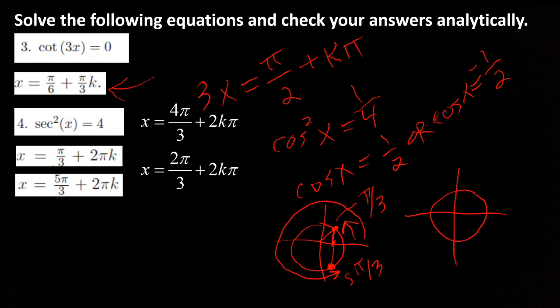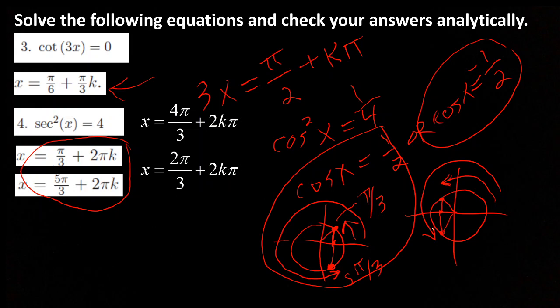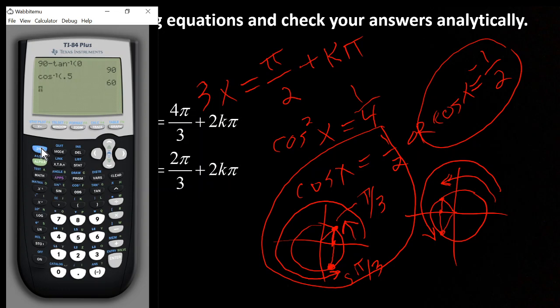So now that's for only this equation, which is given over here, pi over 3 and 5 pi over 3. But what about this one? Well, negative 1/2 is over here, so this angle and this angle, so this one, and all the way around this one has that cosine, negative 1/2. So what's that angle? But again, if you don't know, calculator can give you one, and that's good enough for us.